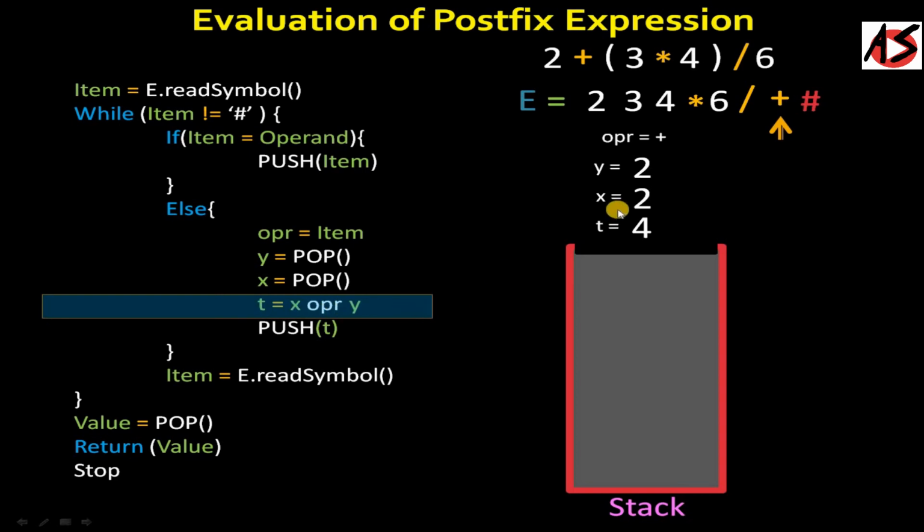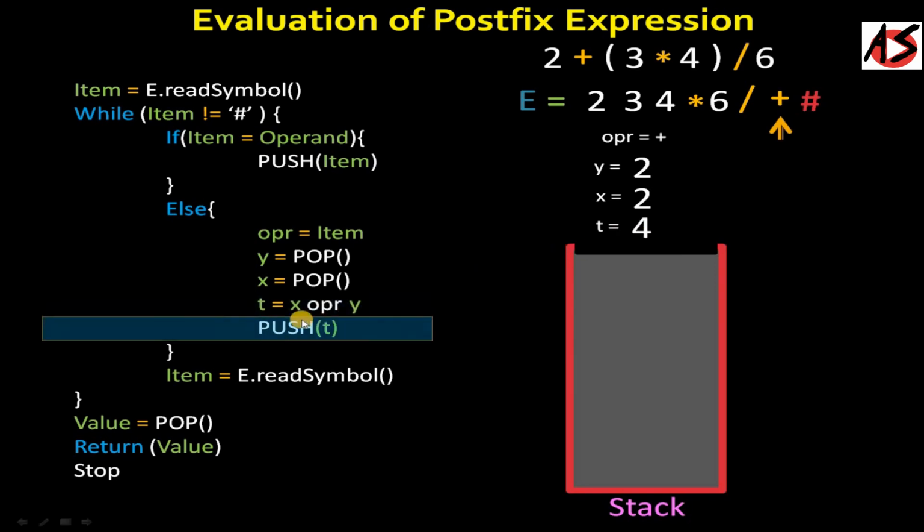Operator is plus. So here 2 plus 2 is equal to 4. So now t is equal to 4. Now next instruction in which you have a push call, in which you have to push the t value. So we will push the 4 into the stack.